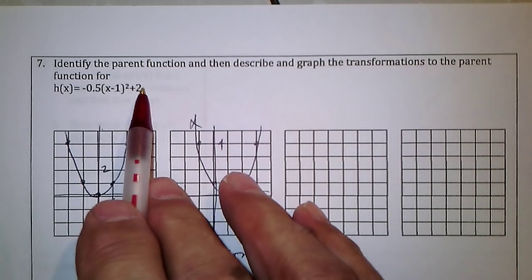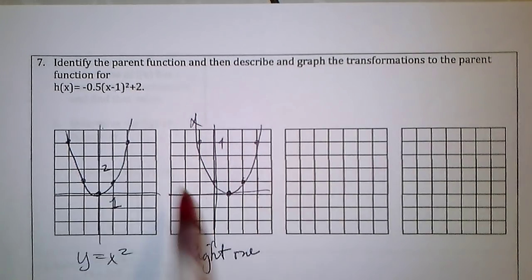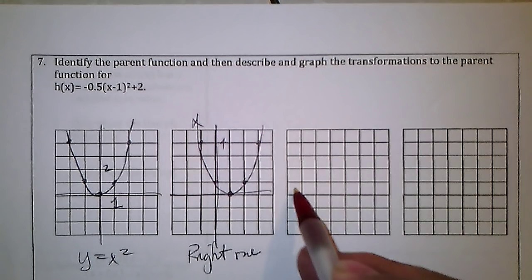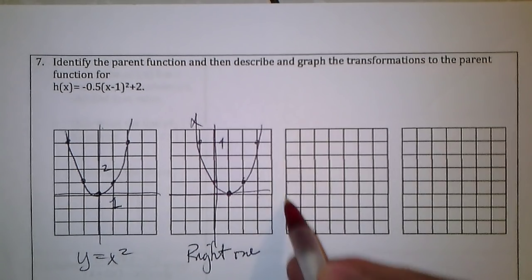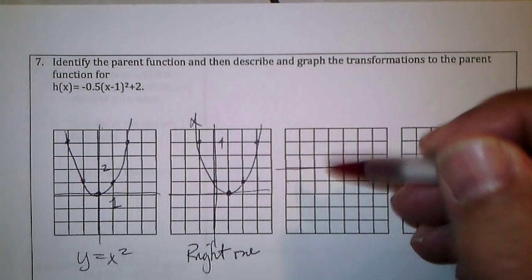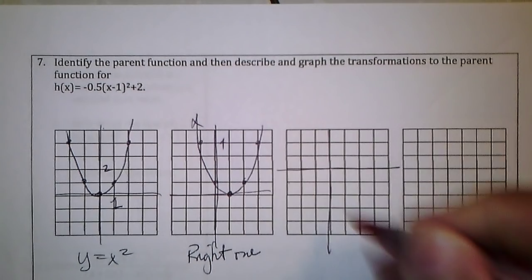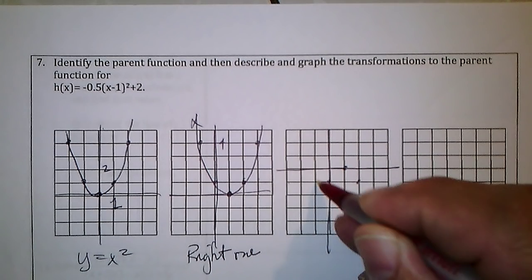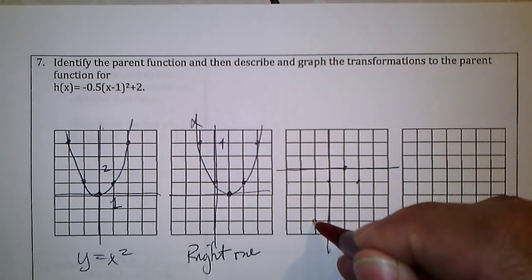Then on the outside, we do them in order. Multiplication comes first. We have a minus, so I'll do a vertical flip. So I'm going to move the axis up. So now it's there, there, there, and 1, 2, 3, 4.